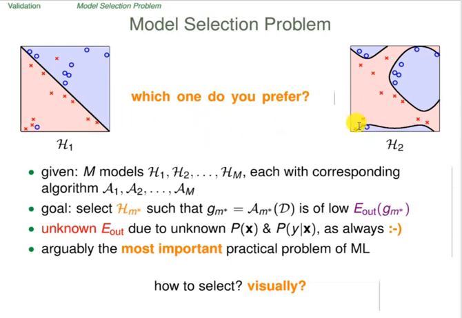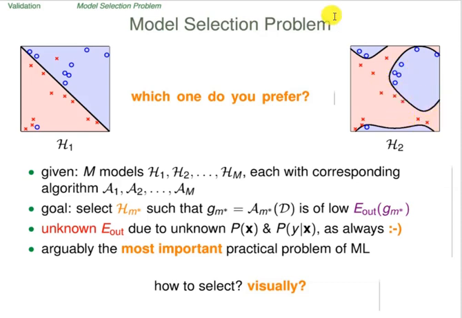At the same time, on the right-hand side, we see that the H2 hypothesis perfectly separates all the points, each point declaring its own decision boundary. In-sample error is 0 with this kind of nonlinear decision boundary. However, we know from VC theory, Vapnik-Chervonenkis theory, that a complex model like this one is not always the best choice.